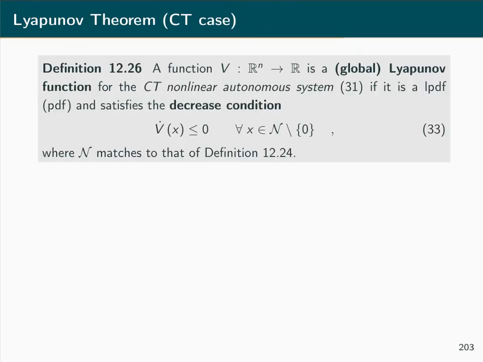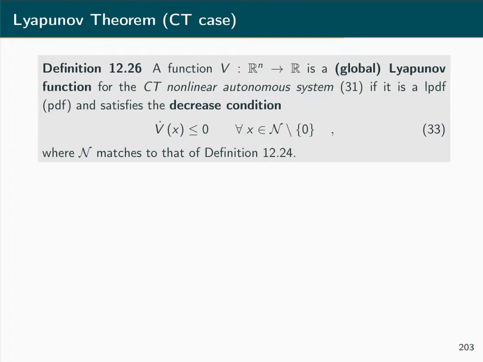Based on this line of argument, we are now in a position to state a mathematical theorem for Lyapunov's direct method called the Lyapunov theorem. We first do this for the case of a continuous time system.